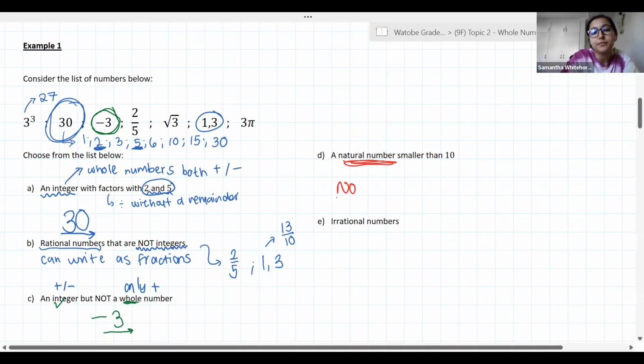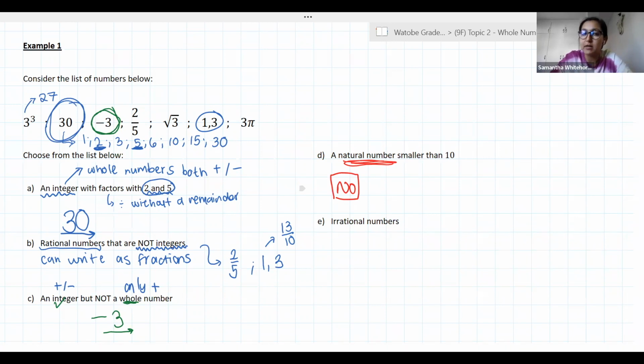So we have no value that is from 1 to 10 in our list of numbers. We've got 27, we've got 30, we've got -3, but none of those are natural numbers. So here we would have no answer. And we need to be very careful that we understand the difference between integers and natural numbers.